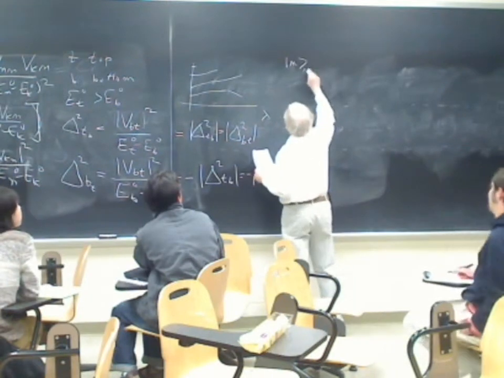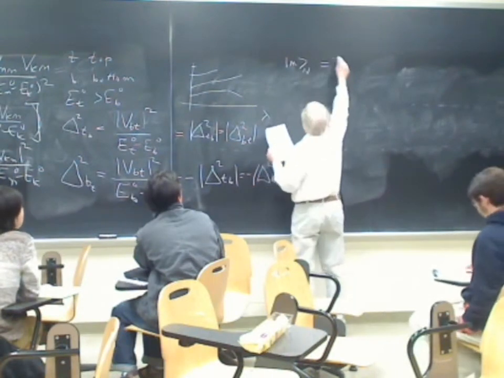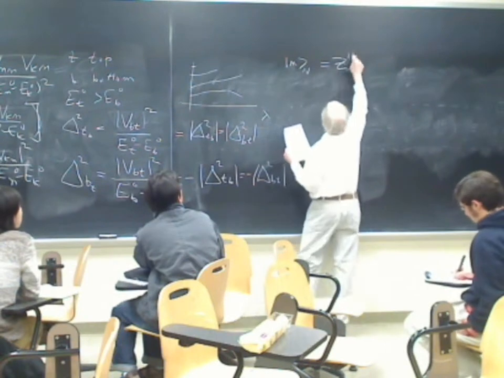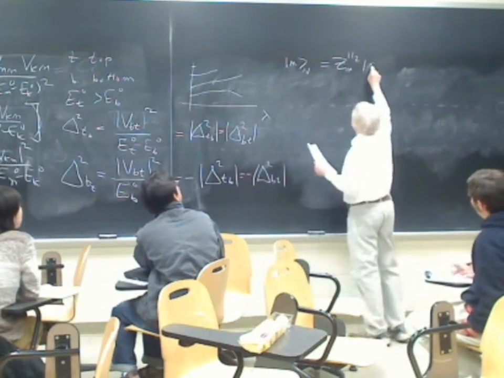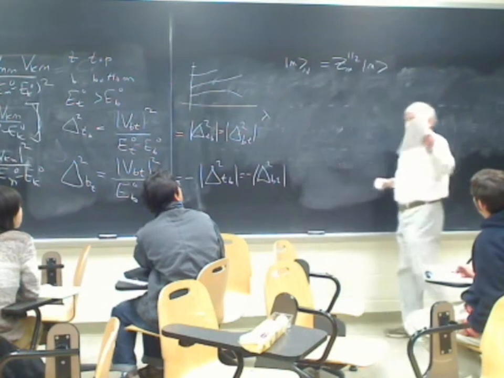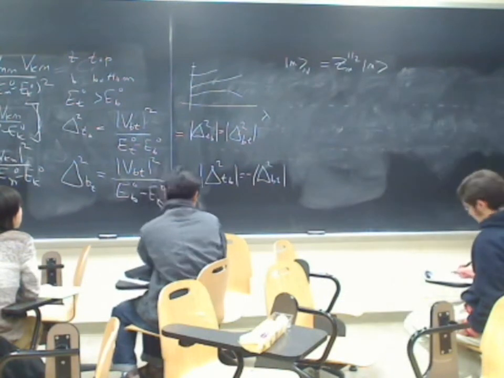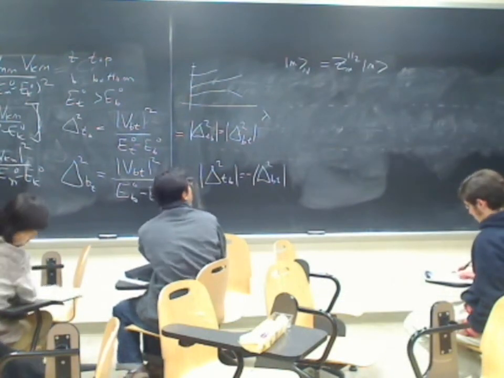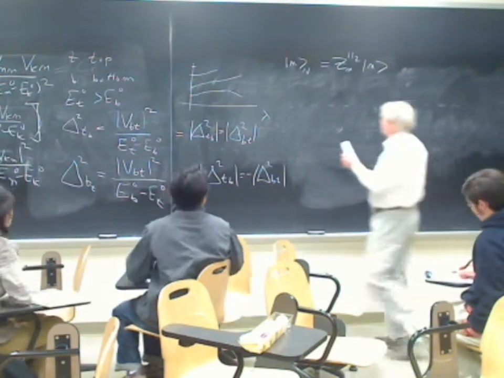The normalized exact energy state, we're going to say, is Z_n to the 1/2 times the thing that we've got that's not normalized. This is a notation borrowed from renormalization theory.